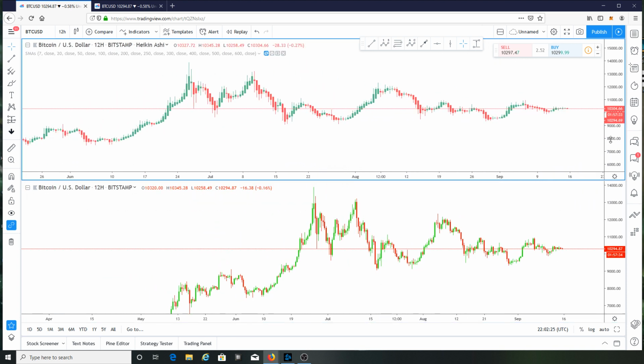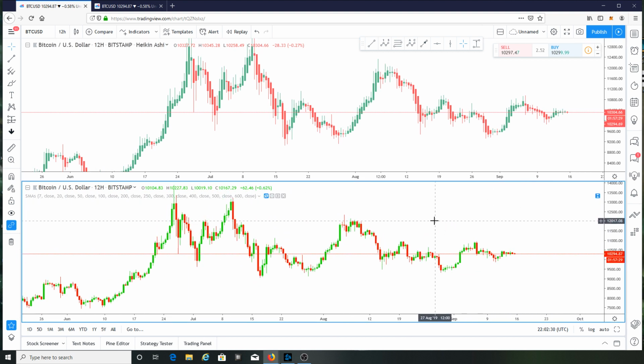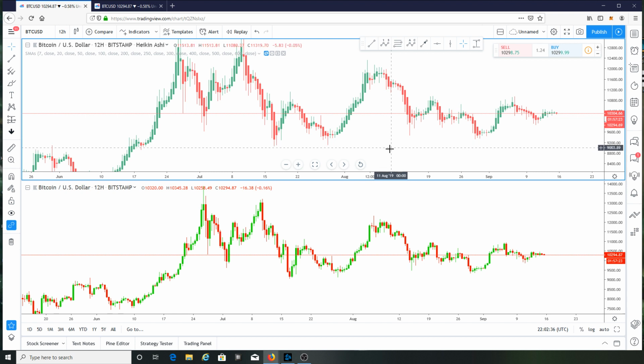So now we can see the comparison, or we can start to compare what happens when we click the Heiken candles over the regular candle patterns. So let's look here. We were just speaking of this. Now you see that this captures the trend of the Heiken candles, and they're all green.